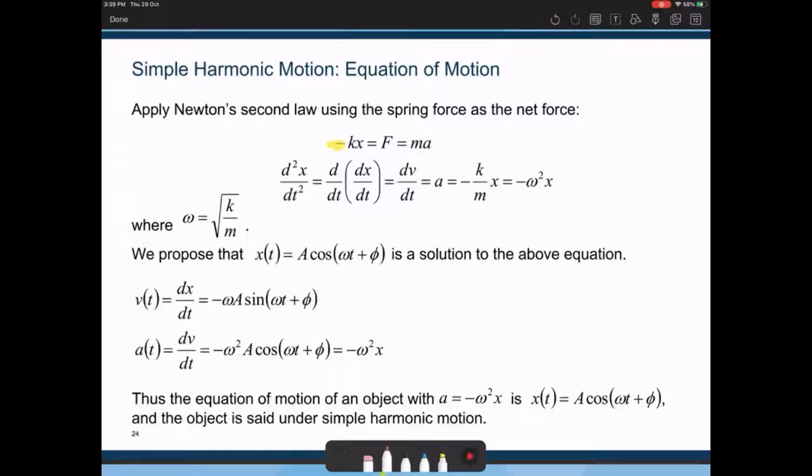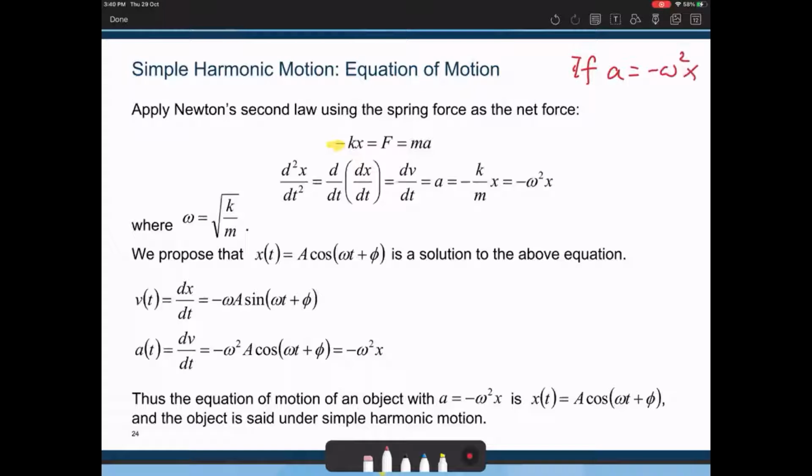Whenever you have a motion, if the motion is in the form such that the acceleration is proportional to minus x, if the acceleration is proportional to x in the opposite direction with the x, and if you could represent it by something like this, a is equal to minus omega square x.